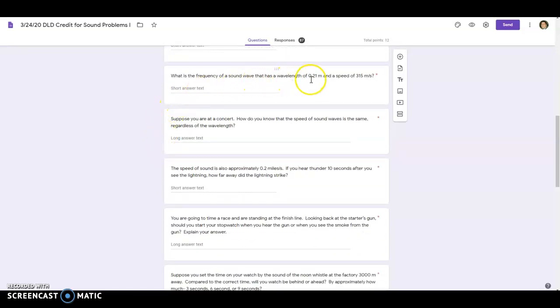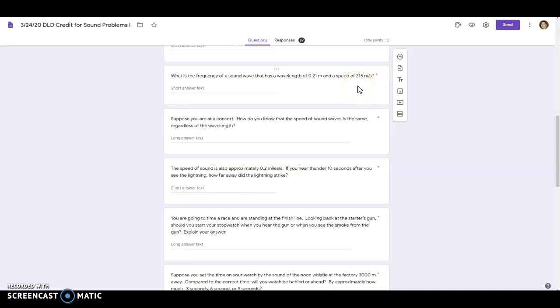Frequency sound wave has a wavelength of 0.21 meters and a speed of 315 meters per second. So this is going to be a little variation here where we have velocity v, 315, is equal to frequency f times wavelength, that's 0.21. So solve for that, it's going to be 315 divided by 0.21, and you get 1500.